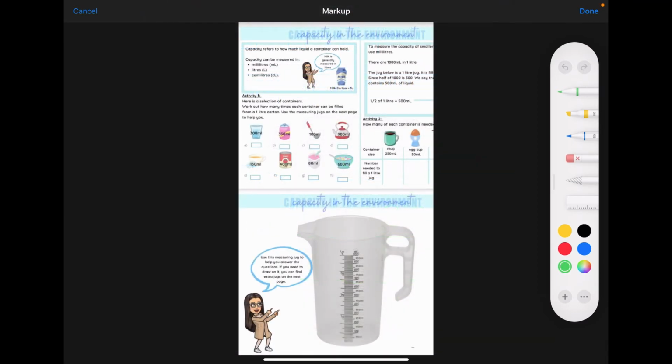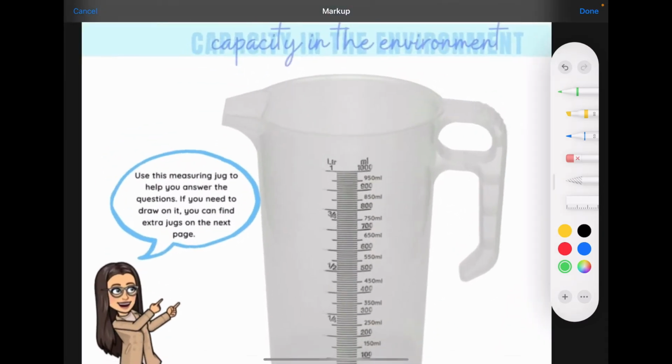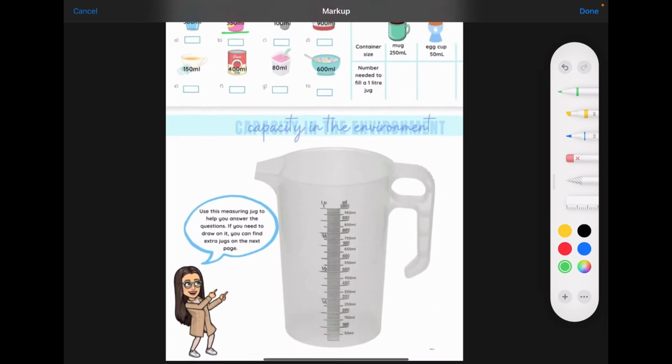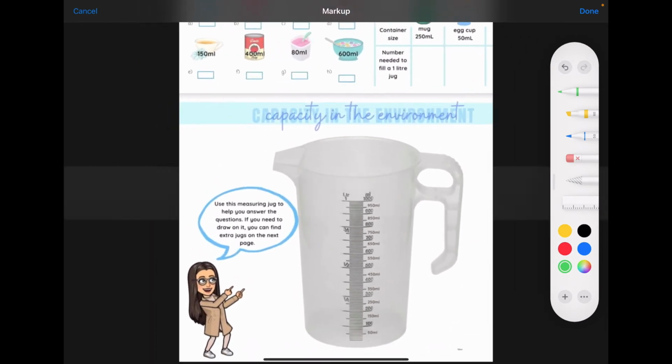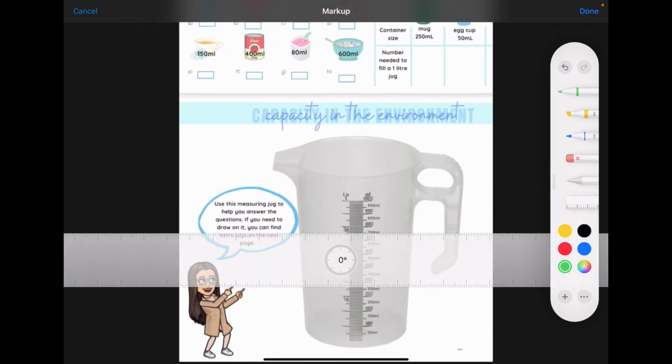Okay, so our next container that we will be looking at is container B, which has a capacity of 350 mils. So this is like your standard maybe soft drink can that may hold a capacity of 350 mils. So we are looking at our container down here, and we are going to start by marking off where 350 mils is in this container.